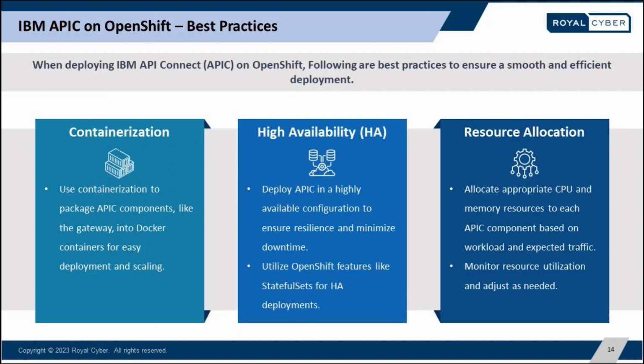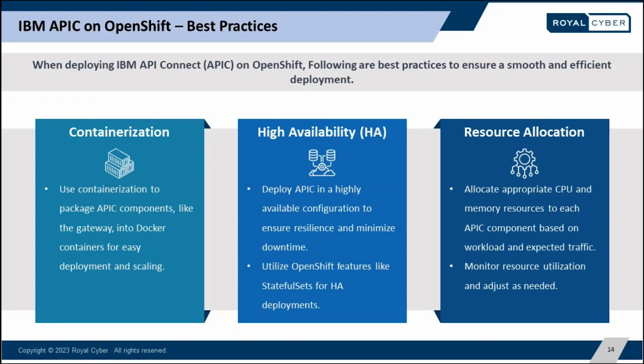One is containerization. We can use containerization to package APIC components like the gateway into Docker containers for easy deployment and scaling. For high availability, you can deploy APIC in a high availability configuration to ensure resilience and minimize downtime. Utilize OpenShift features.